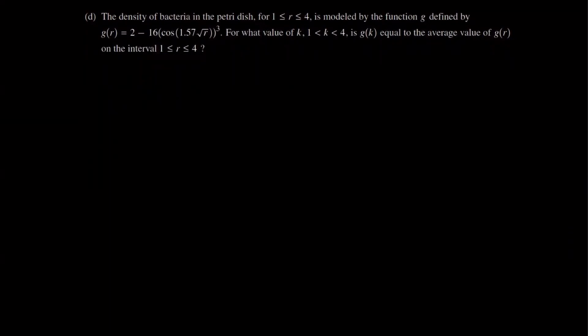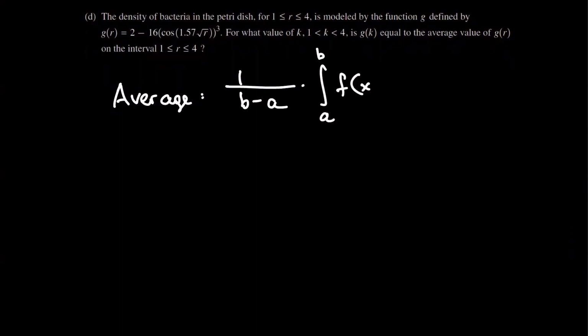And so let's recall what is the average of the function. The average of the function on the interval a to b is 1 over b minus a times the integral from a to b of the function f of x dx.